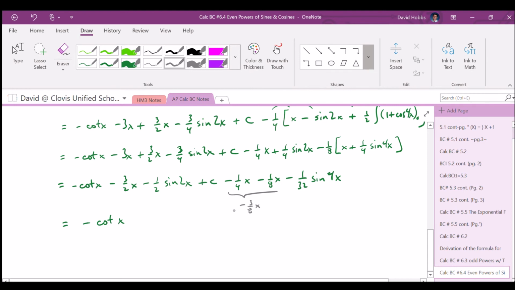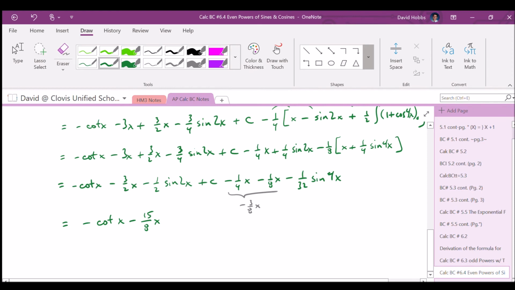Negative 3/8 x with negative 3/2 x. Okay, so let's see, that would be negative 12/8 x minus 3/8 x, so negative 15/8 x.